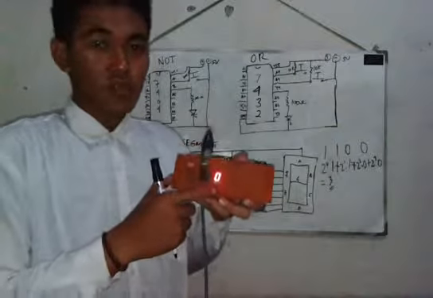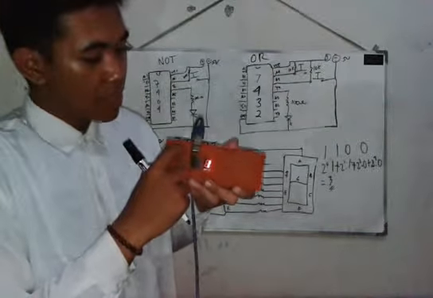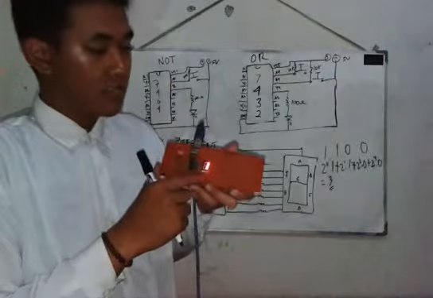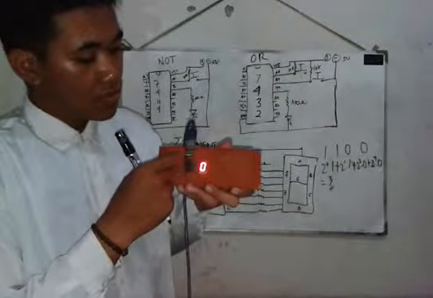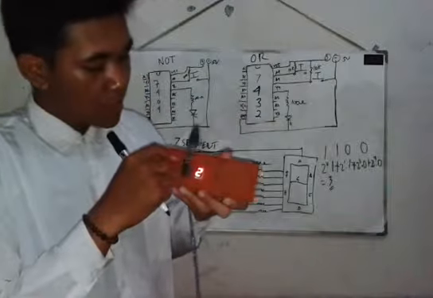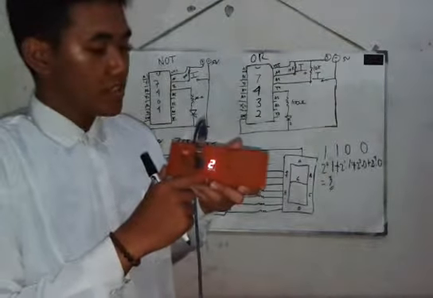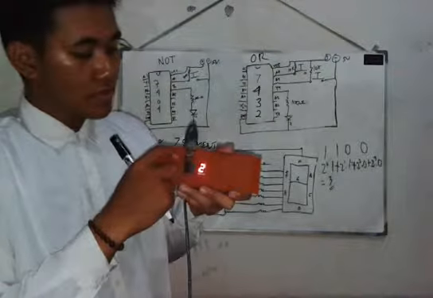If I push the A button up, the 7-segment display shows 1. If I push the B button up, the 7-segment display shows 2.